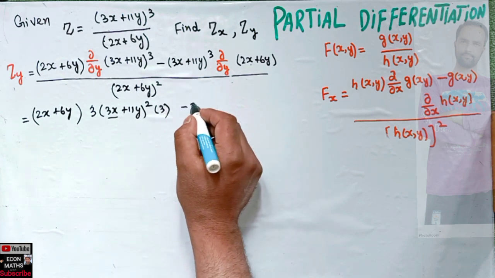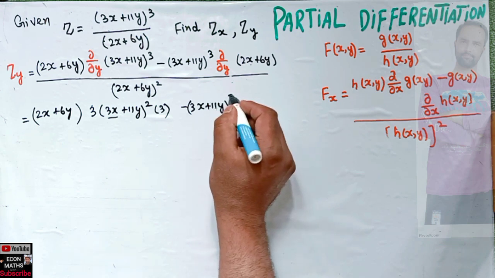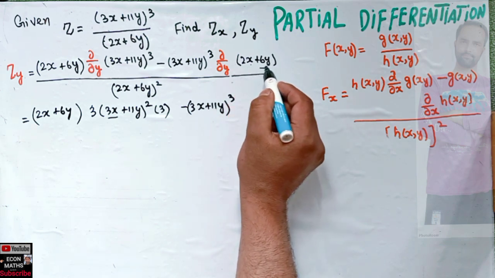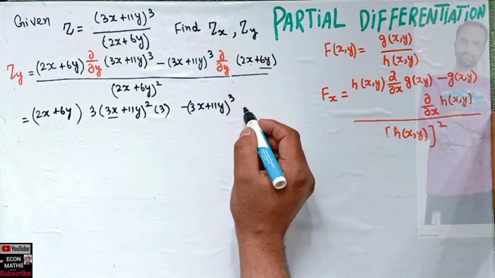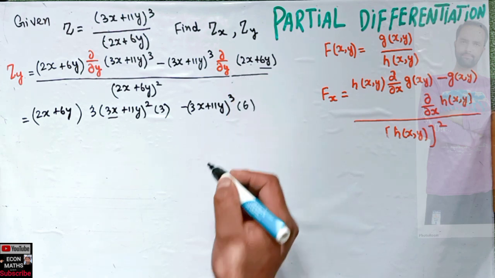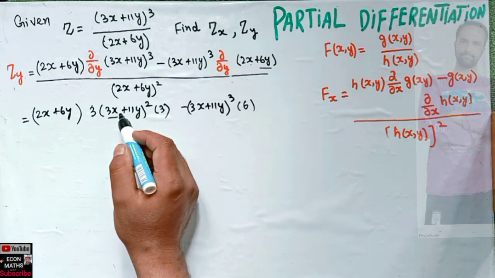Then we have minus (3x + 11y) cube. The derivative of 6y will be 6 because no y is involved in this term. Its derivative will be 0, so we are left with 6 only. Okay, sorry, no, sorry, I had a mistake here.